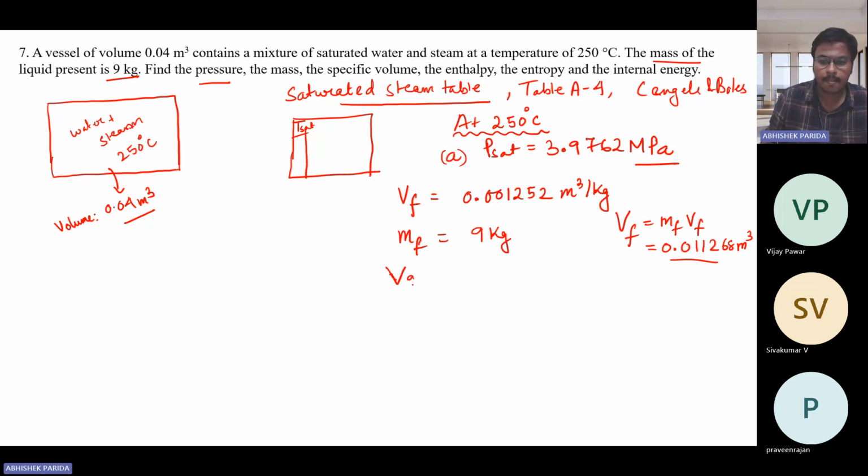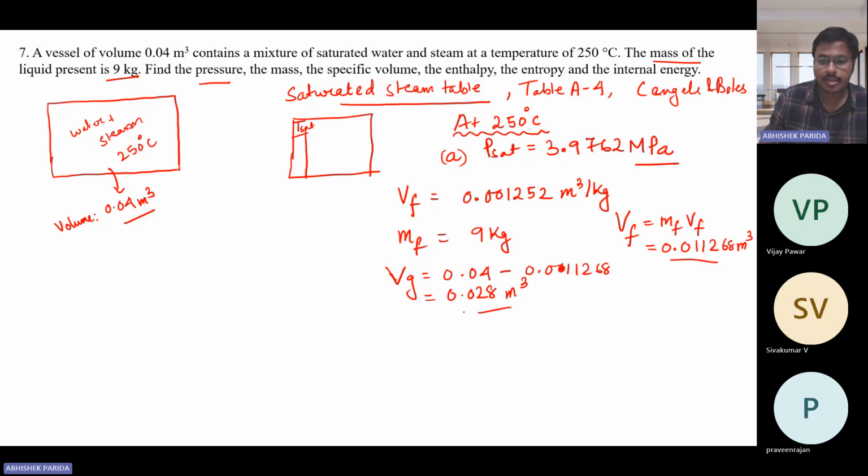Vg is equal to 0.04 minus 0.011268, which is 0.028 meter cube. Correct? This is the total meter cube acquired by the gas.